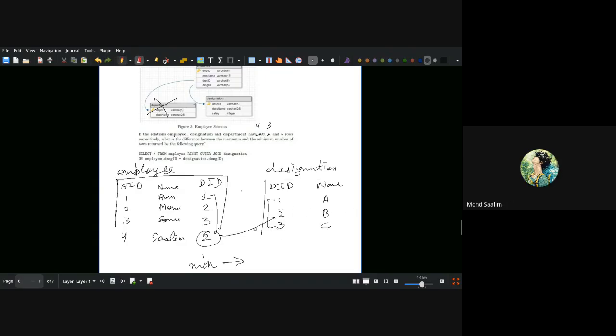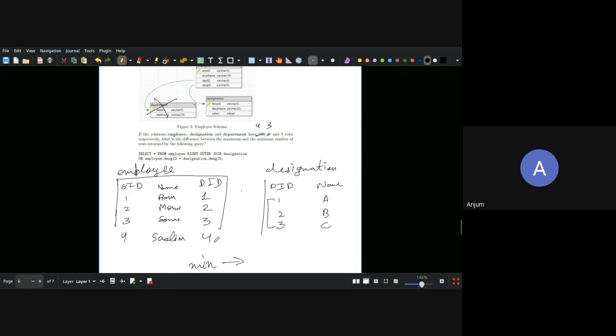If there was a different DID here that is not present in the designation, then it will exclude that value, since it is not an outer join. You can go in the playground which we created and try it. If you want to add 4 in the foreign key, because no such primary key exists, it will throw an error. You cannot have that scenario.